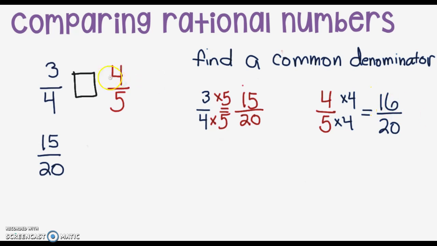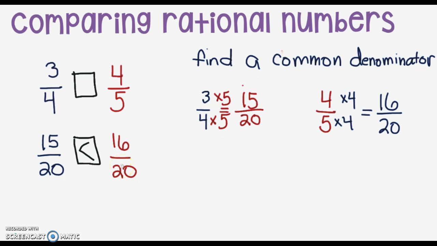That tells me that 4/5 is equivalent to 16/20. And now that we have these two fractions with a common denominator, it is much easier to see that 15/20 is less than 16/20. So we can find our answer that way.